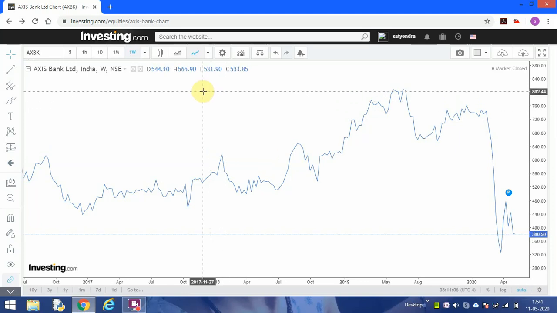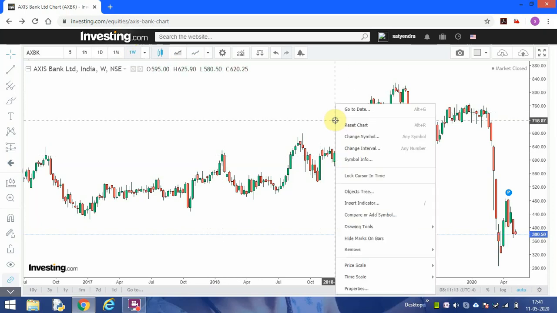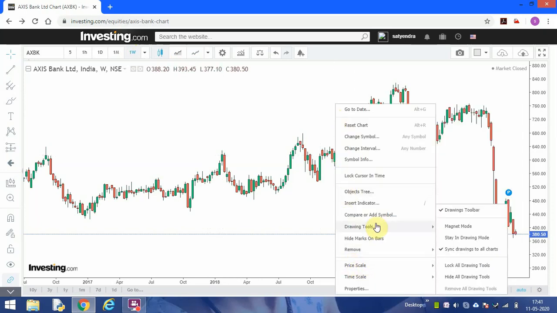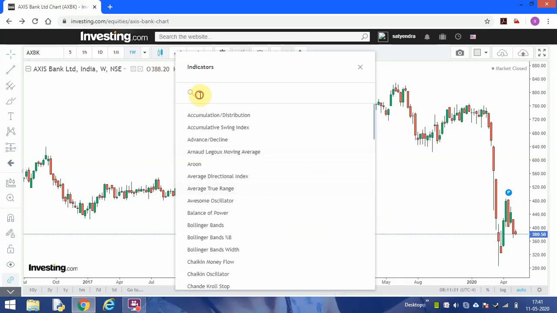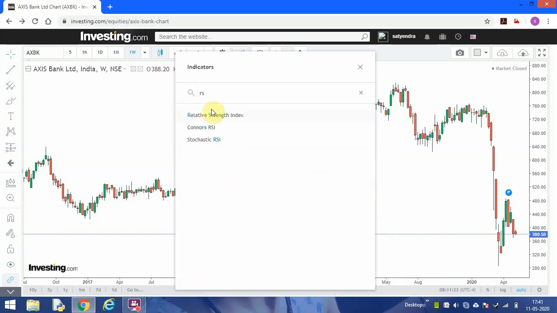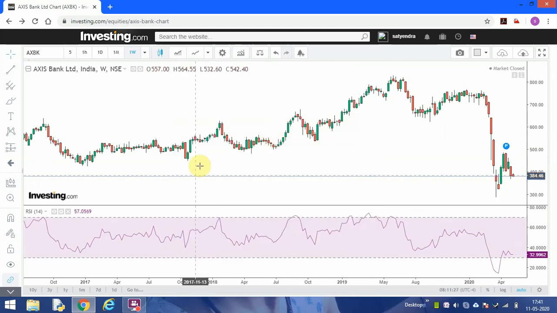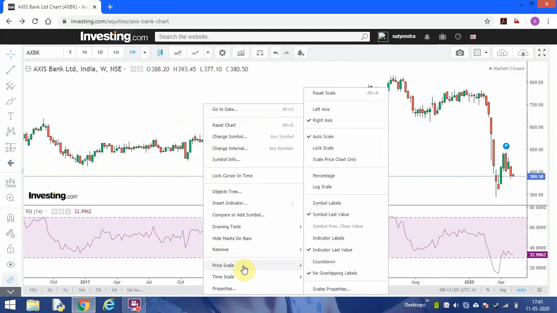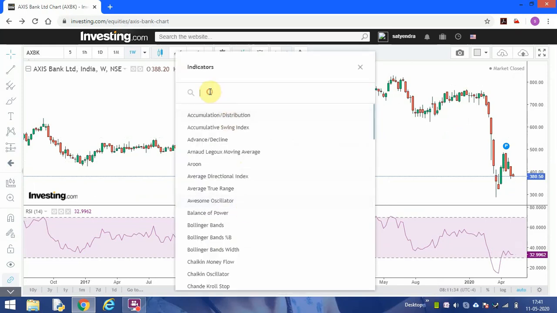Then you have to use technical indicators. I will advise to use only three indicators. The first is RSI. The second, you can use MACD.